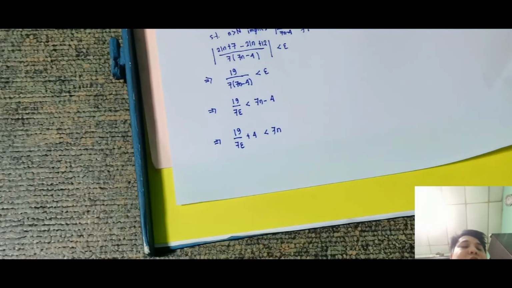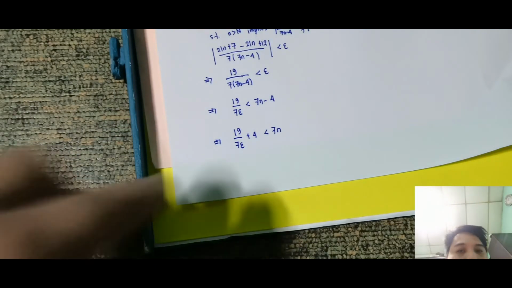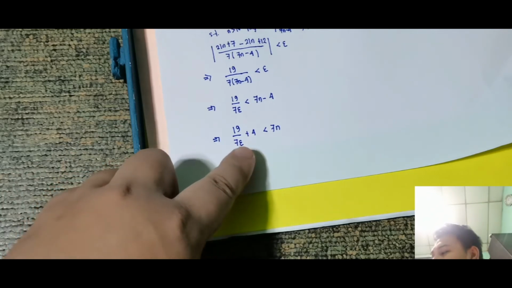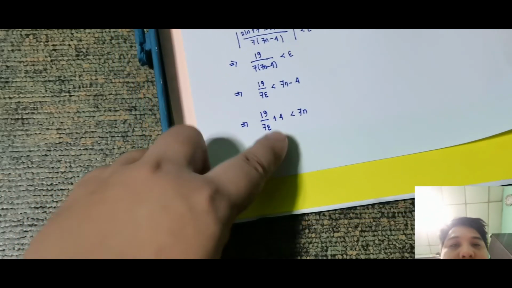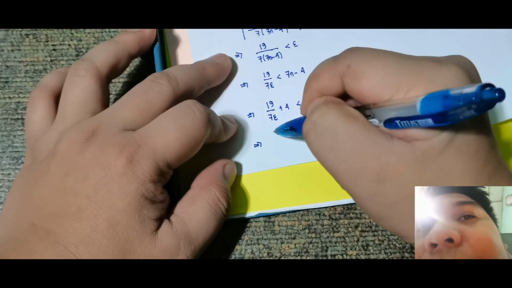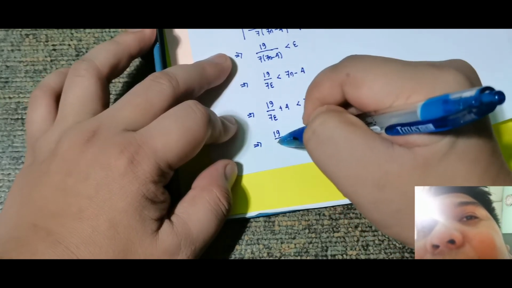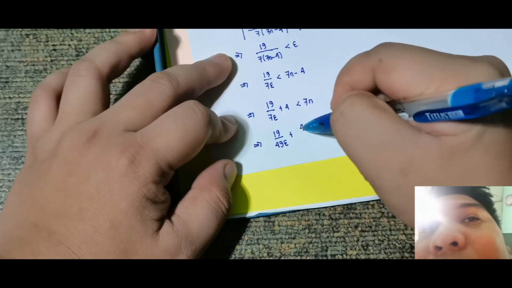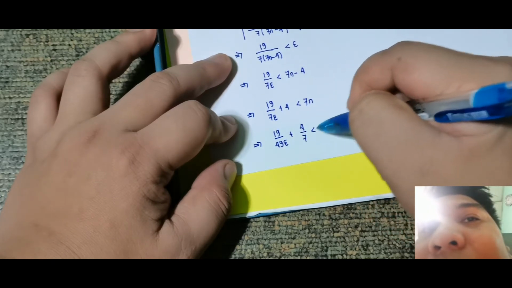Okay, next is divide both sides by 7. When I divide this by 7, it becomes 49 in the denominator, and this becomes 4 over 7, if I solved it correctly. So this implies that 19 over 49 epsilon plus 4 over 7 is less than n.